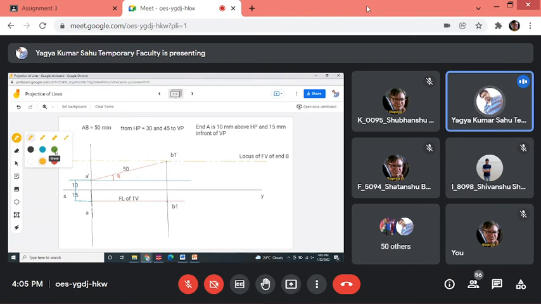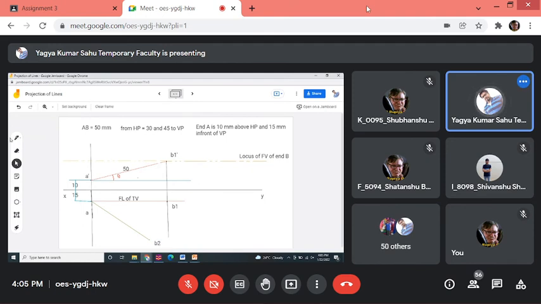So let us draw. So I am drawing this 45 degree starting from A because this is top view. So draw a length of 50 mm. What about the name of this particular point? Name it as B2. Second step. Okay. B2.